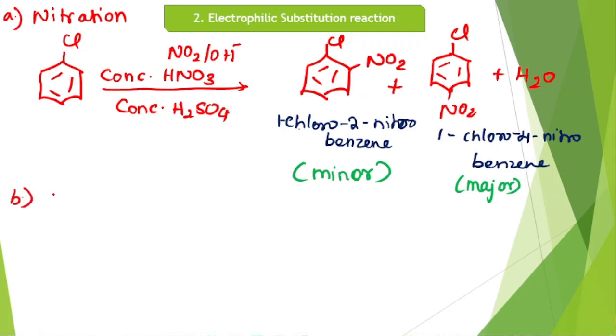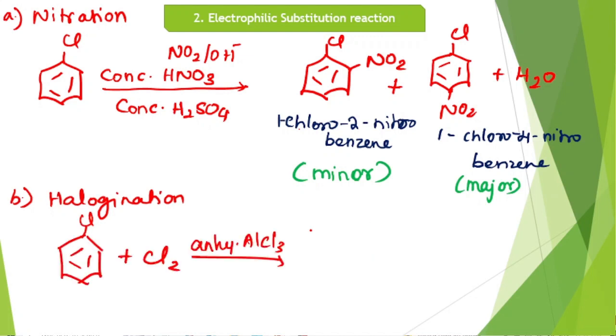Halogenation. In the halogenation reaction again I am going to take the benzene ring with Cl attached and add Cl2 in the presence of anhydrous AlCl3.